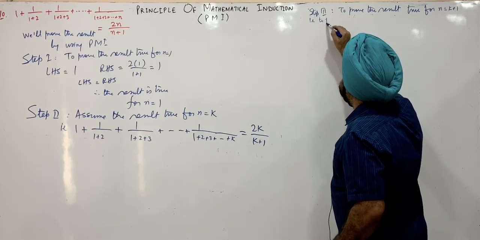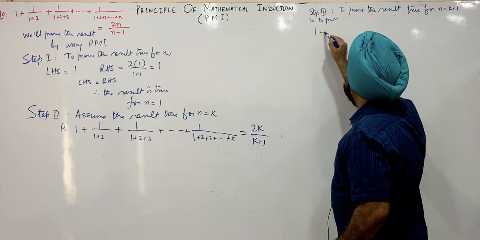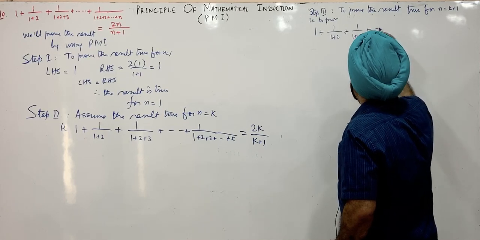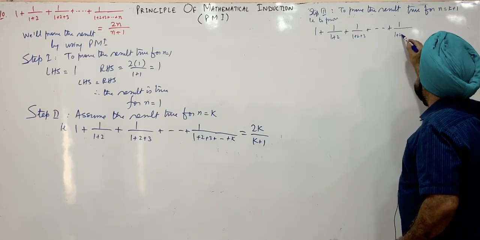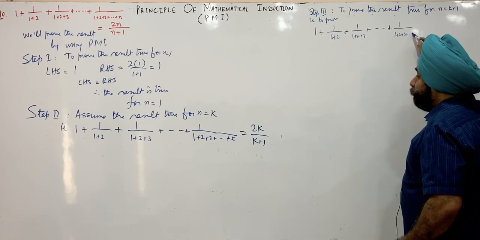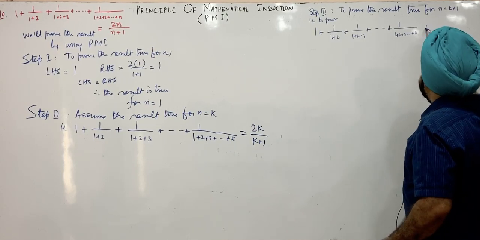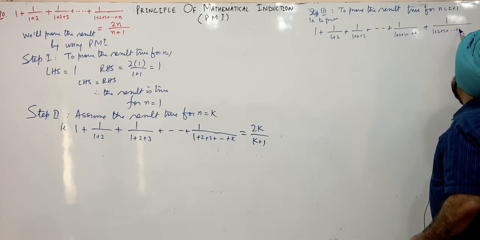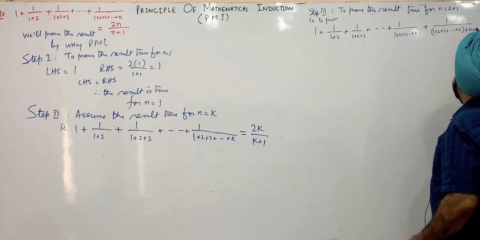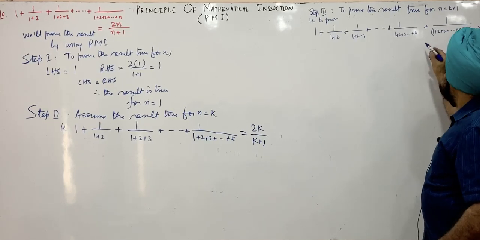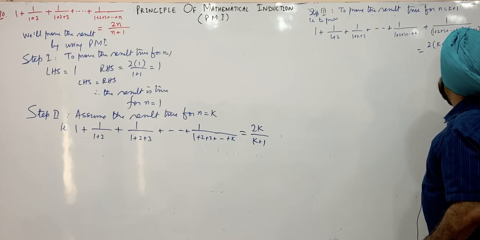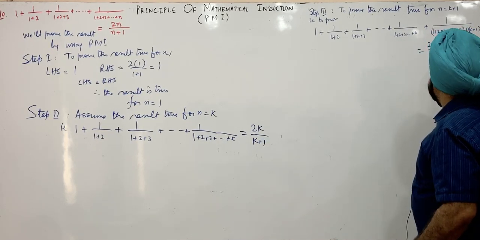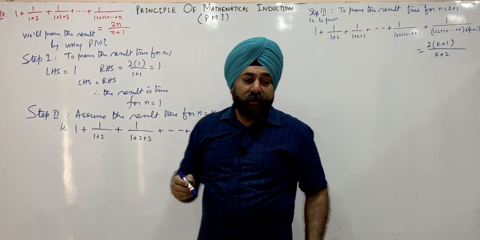That is to prove 1 plus 1 upon 1 plus 2, 1 upon 1 plus 2 plus 3, so on, 1 upon 1 plus 2 plus 3 and so on up to k, plus the next term which will be 1 upon 1 plus 2 plus 3 and so on up to k plus k plus 1, one more term. This is equal to 2 into k plus 1 upon k plus 1 plus 1, that is k plus 2. So we have to prove this result now.